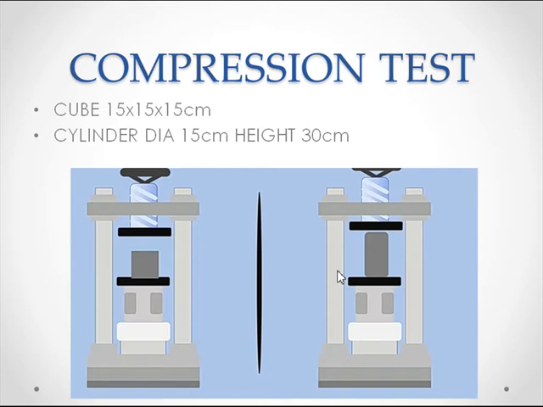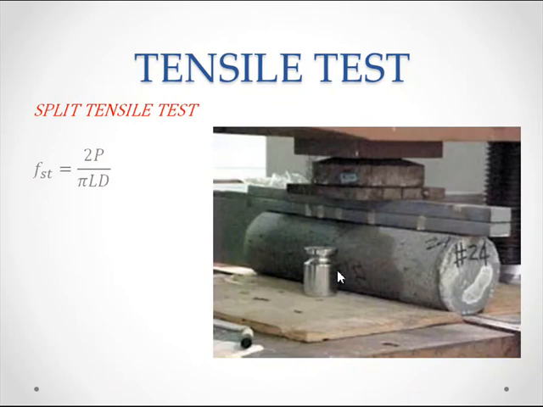Next we shall move on to tensile test. Actually, concrete is very strong in compression but very weak in tension. For performing tensile strength, we have two different methods. One is direct tensile strength test. Another one is indirect method. In the direct method, we have to pull the concrete specimen by providing grips.